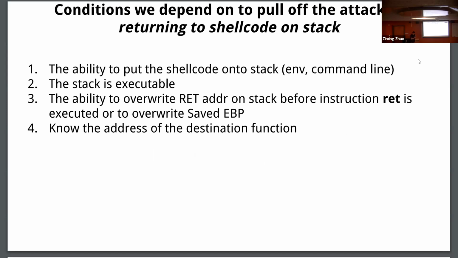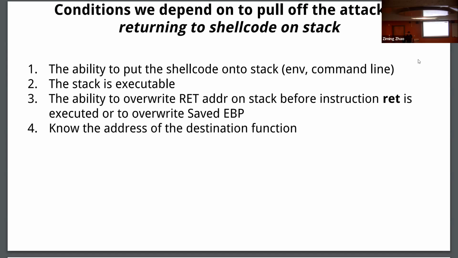To understand how this works, let's revisit the conditions we depend on to pull off the attack of returning to shellcode on the stack. First, we should be able to put the shellcode onto the stack, including through environment variables or command line arguments. We are putting shellcode onto the stack. Then the stack should be executable.